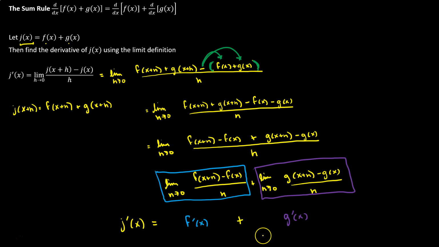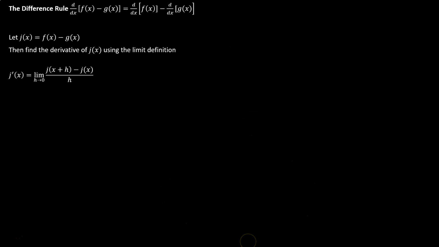It's really similar to the limit laws that we saw before, but here we're applying it specifically to the limit definition of a derivative. Technically, we can go through this exact same process for some generic function j that comes from the difference of two functions.